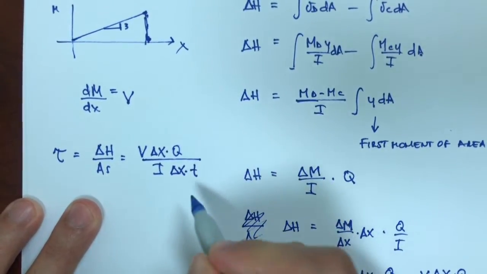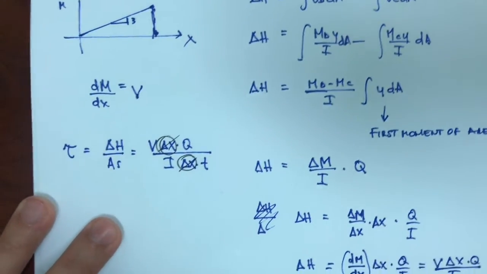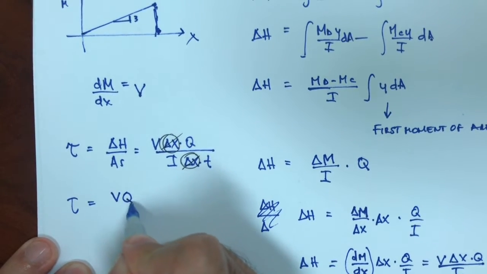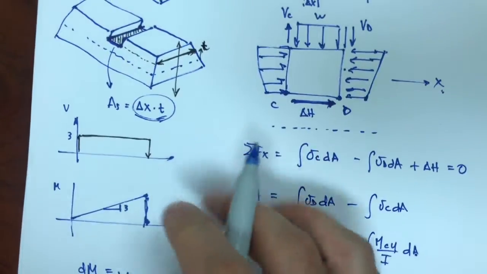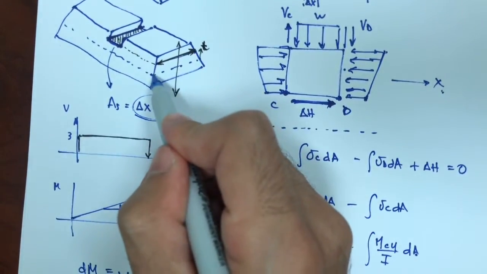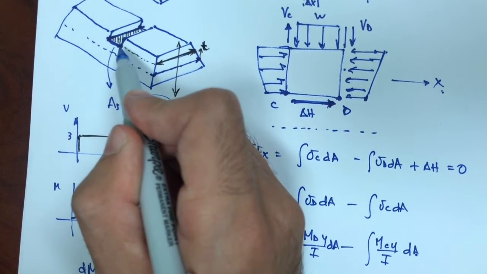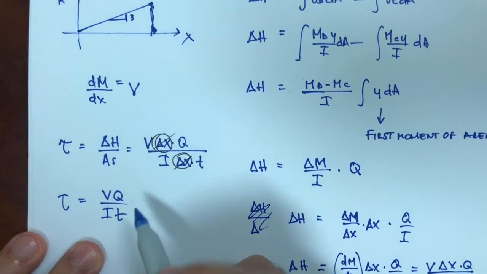So the delta x and delta x go away, and that is how I end up with shear equal to VQ over It, where t is this width. So if I'm at the neutral axis, t would be this, because that's what would give me that shaded area on which delta H is acting, and Q is the first moment of area.